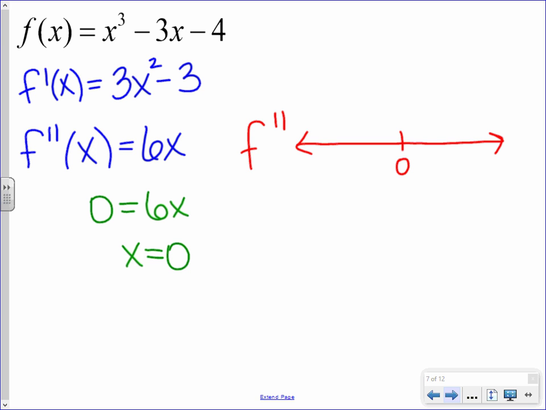We're going to plug in values to which function? The second derivative. That's what we're testing. So if we plug in -1, our second derivative is? If we plug in +1, our second derivative is? Positive.